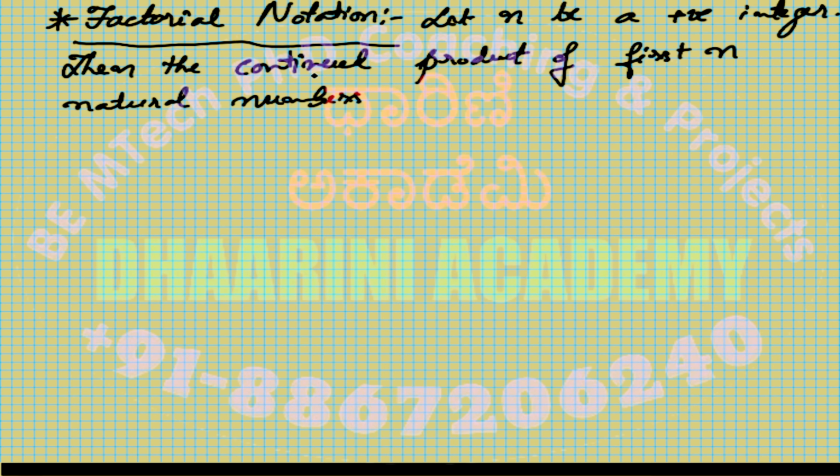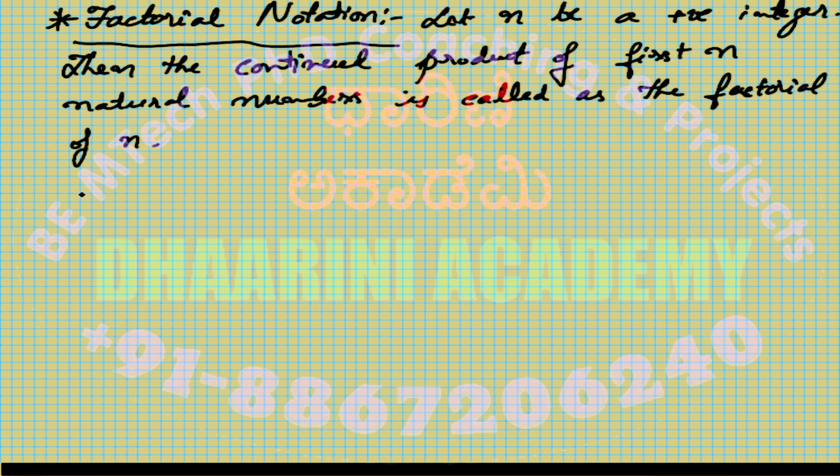If you remember, the natural numbers start from 1, not 0. 1 till any number is called a natural number. So first n numbers you have to consider and take a product. So that is what is called the factorial of n.